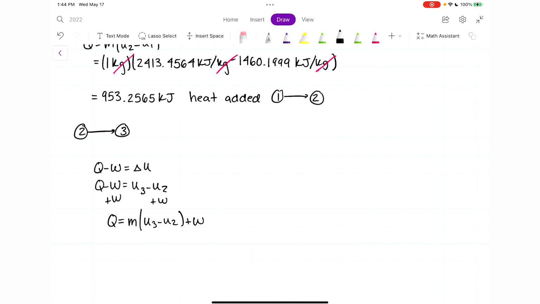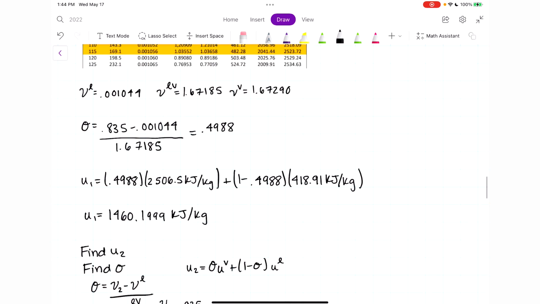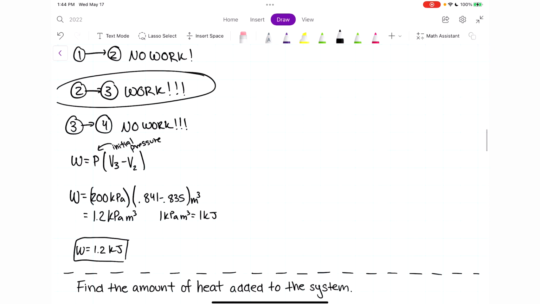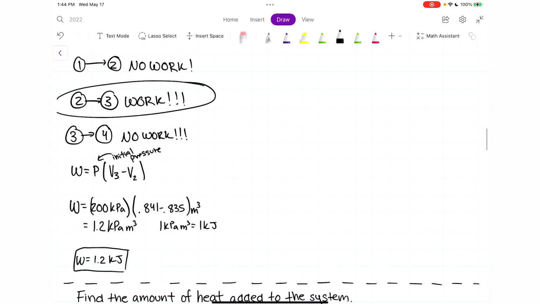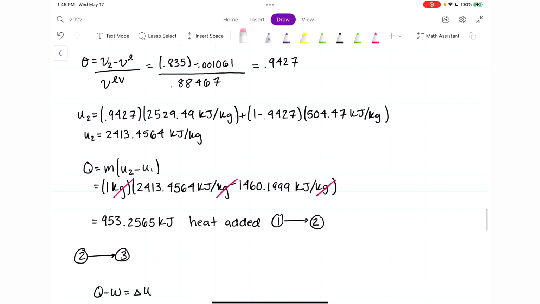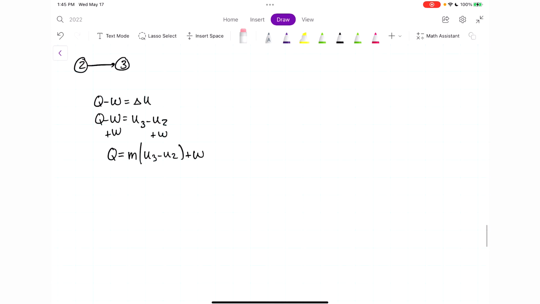We know what the work was. We found work over here, and work was 1.2 kilojoules, right? So that's something we won't have to deal with because we know that work is equal to 1.2 kilojoules. Great, now we just have to really find U3 and U2.